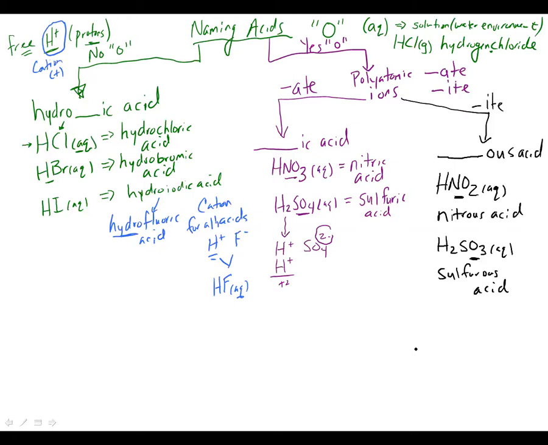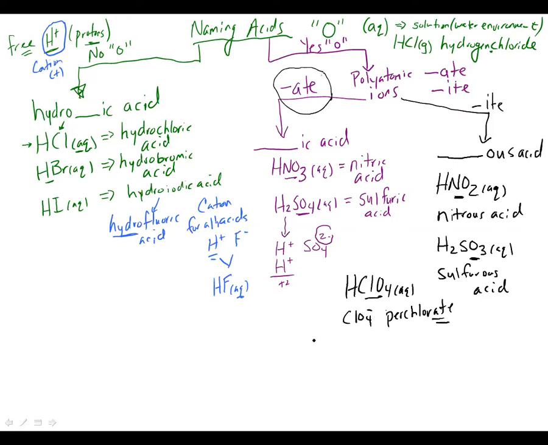And also, if you do have an acid, say something like HClO4, again, you would take the same approach. So the same approach here is I see oxygen. The ClO4 is perchlorate, which means it ends in ATE, which means I should take this root.